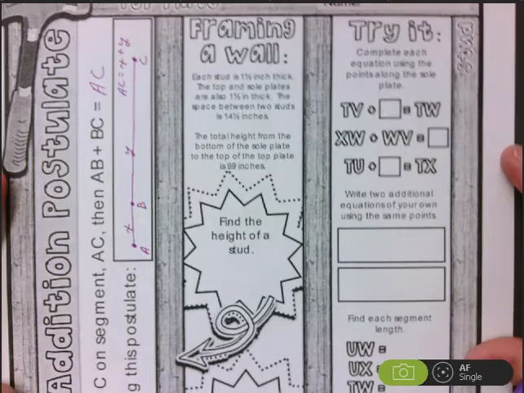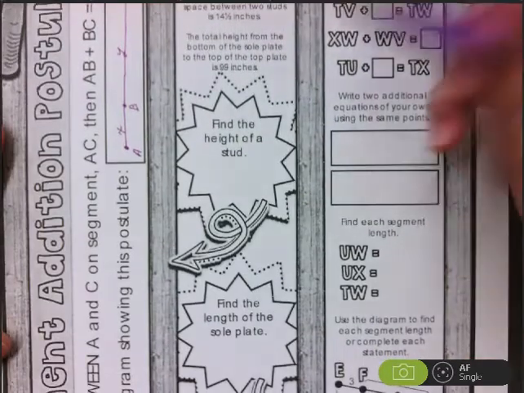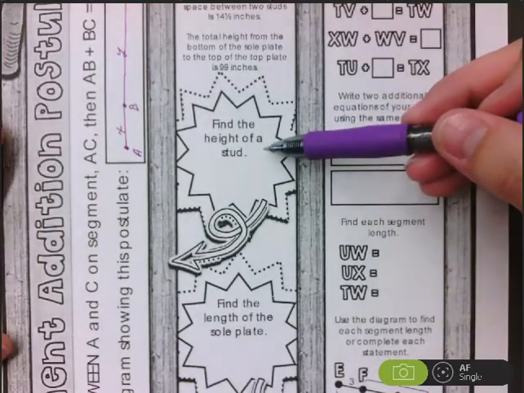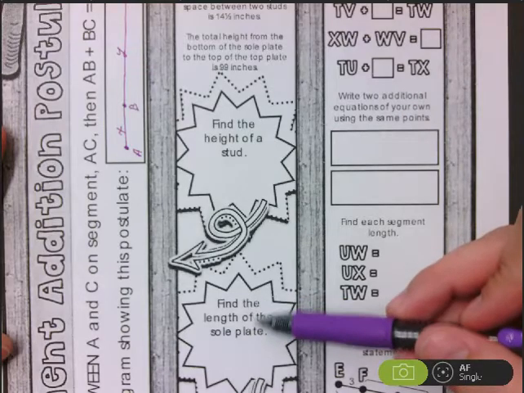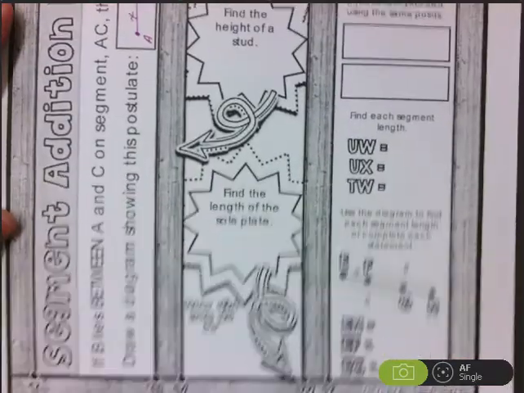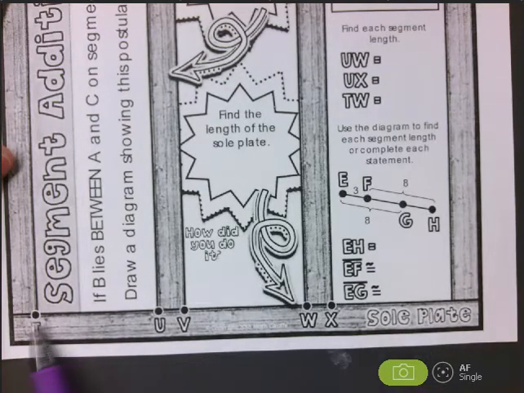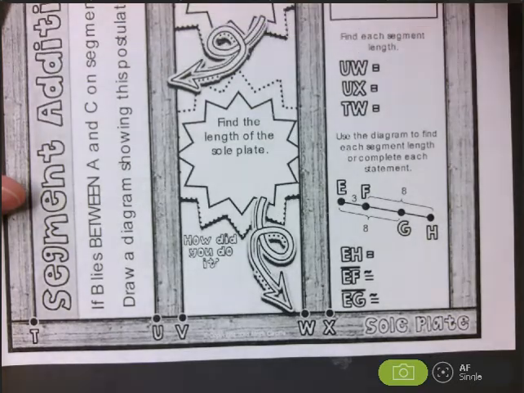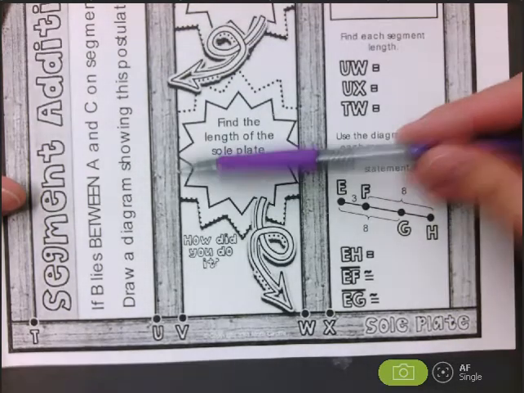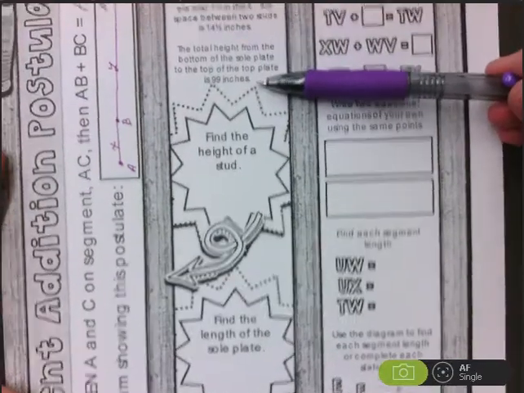Okay, so we're going to be finding some different information here. We're going to find the height of a stud, and then we're going to find the length of the sole plate. If you look on our picture, this down here is our sole plate. We want to find the length of that, and we want to find the height of our stud here. So we're going to look at this information again.